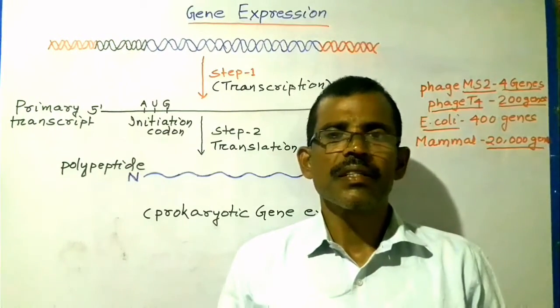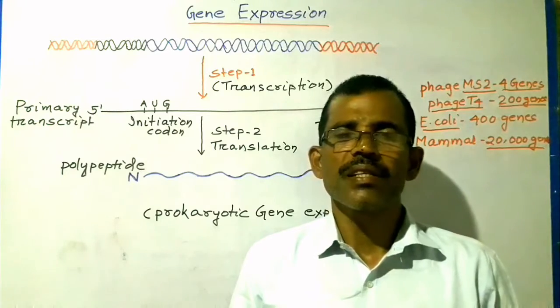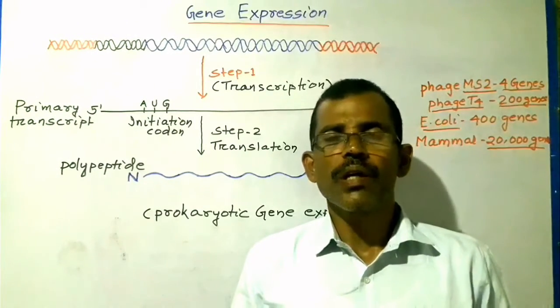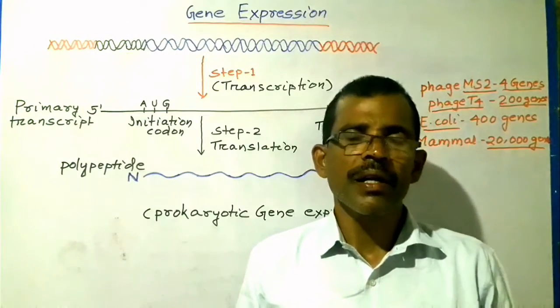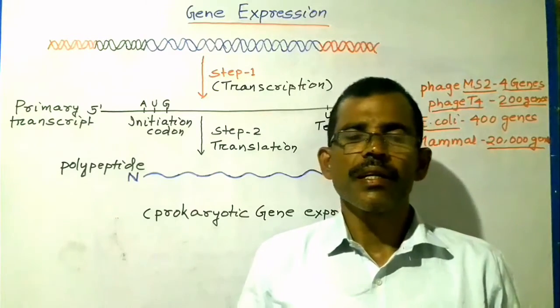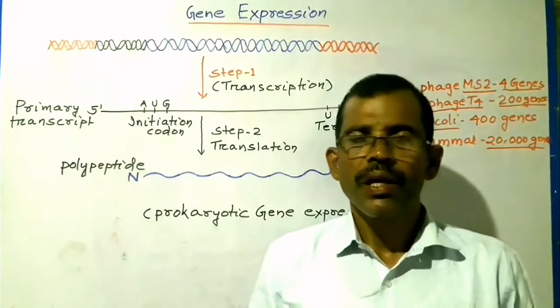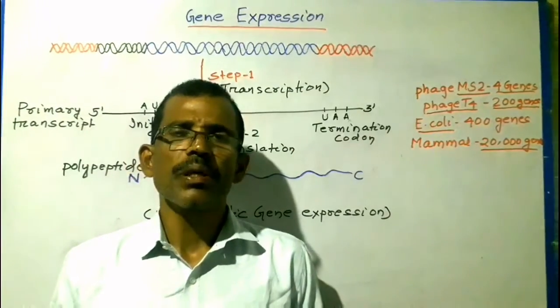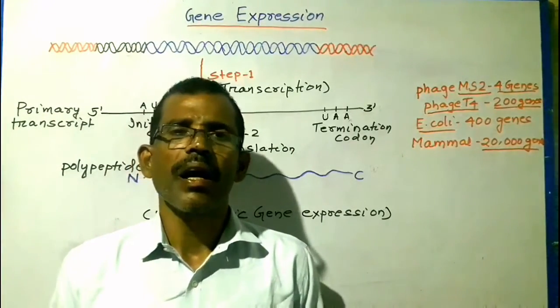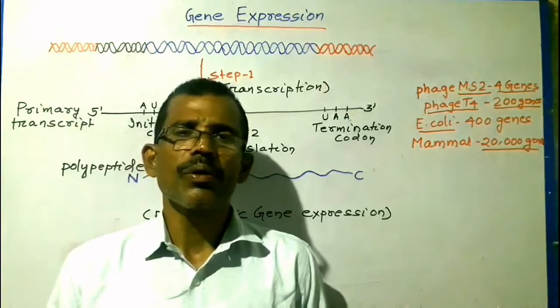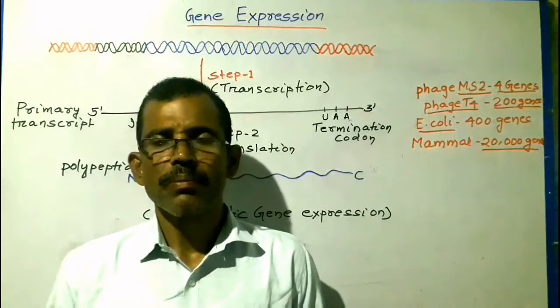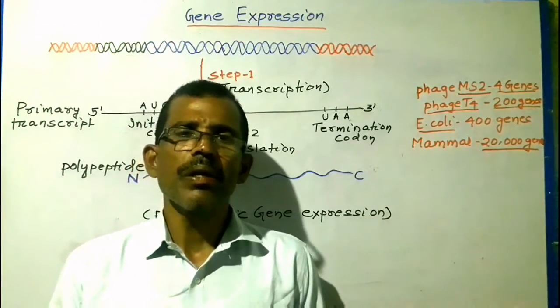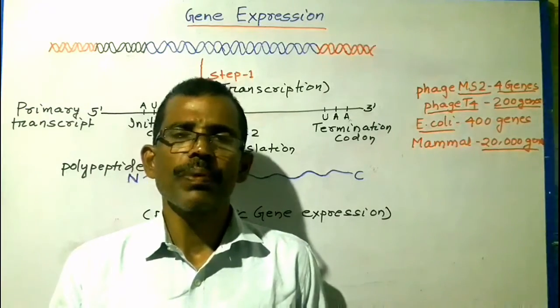In translation, the nucleotide sequence of mRNA is translated into a polypeptide chain. The overall process of gene expression is similar in both prokaryotes and eukaryotes, but it is relatively more complex in eukaryotes.